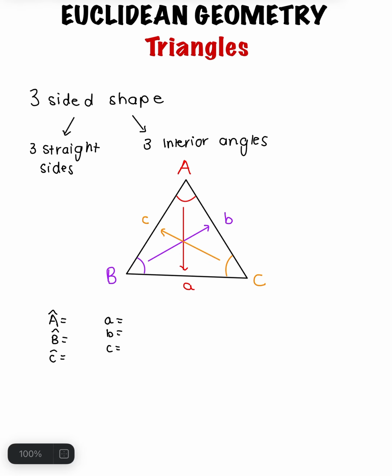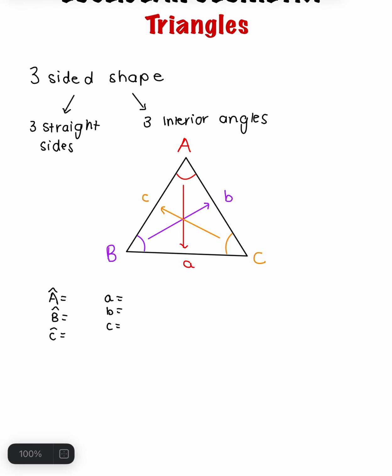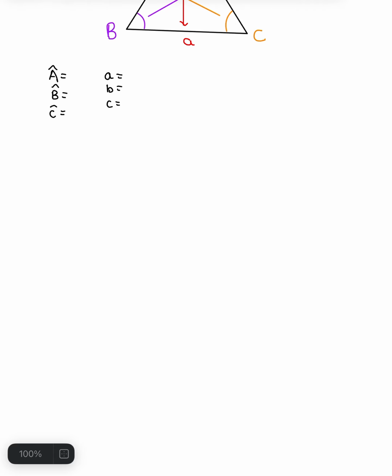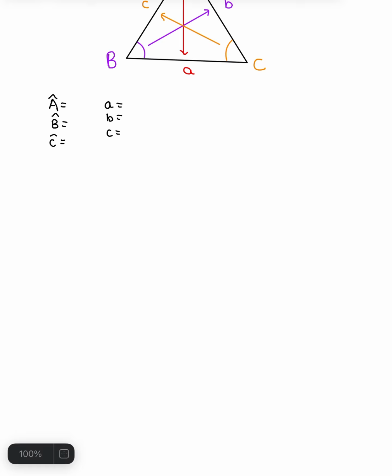All right? We also need to understand the properties of these shapes, all right? And so the first property that we need to know is that when we add all the interior angles, or the inside angles of the triangle, we will get 180 degrees.